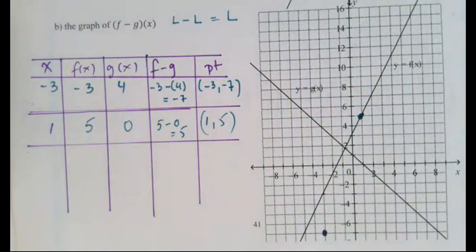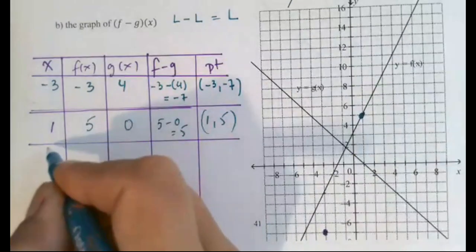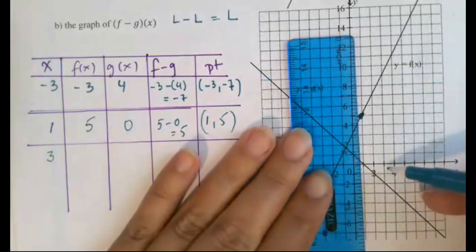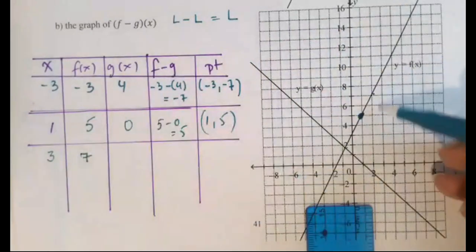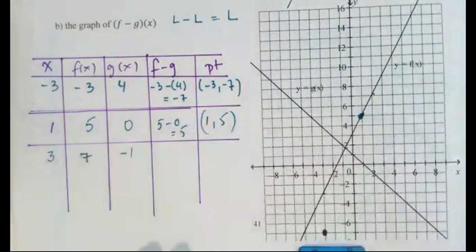Okay, somebody else, another x value. Did you say 3? Yes, 3. So f at 3 is 7. G at 3 is -1.